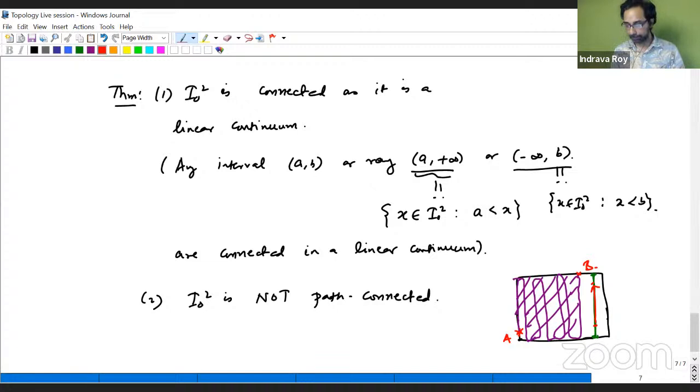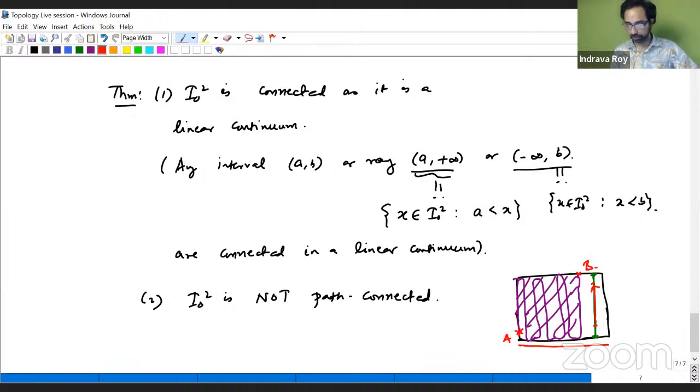So there are uncountably many path connected components given by each vertical line at each point in the x-axis. So it's not path connected. So these are the connectedness properties.